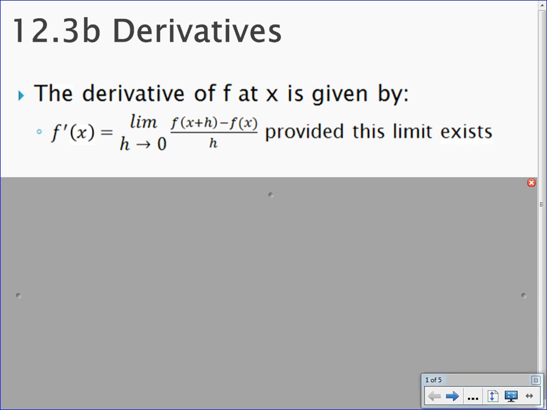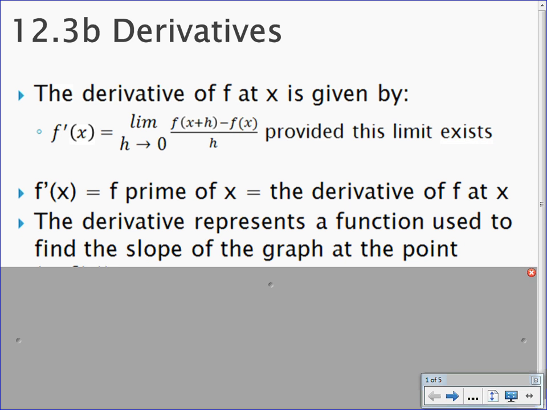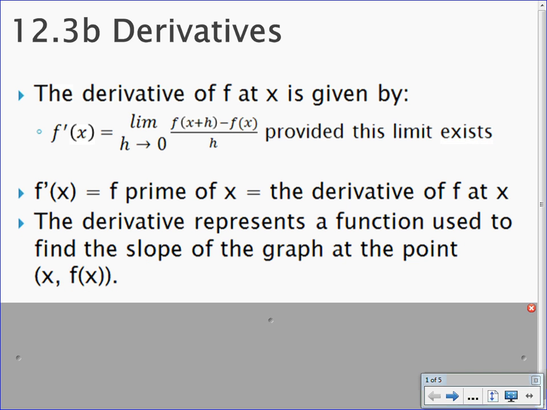If the limit does not exist, then we don't have a derivative there. You basically are seeing f prime of x, right?